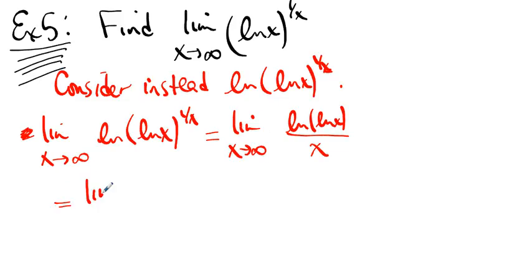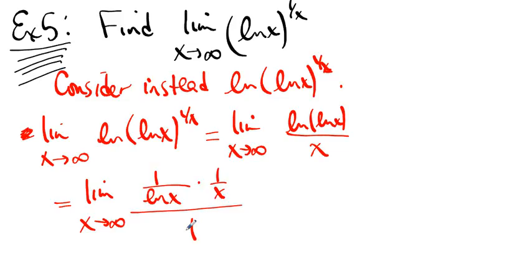L'Hopital's rule says I take the derivative of the numerator and put it over the derivative of the denominator and try the limit again. The limit is x approaches infinity of f prime over g prime. And as x gets larger and larger, this is basically 0.